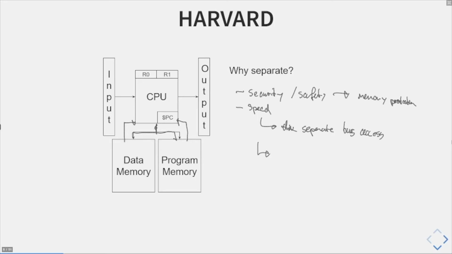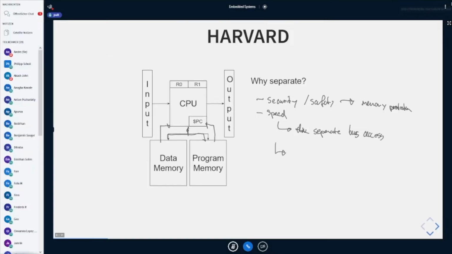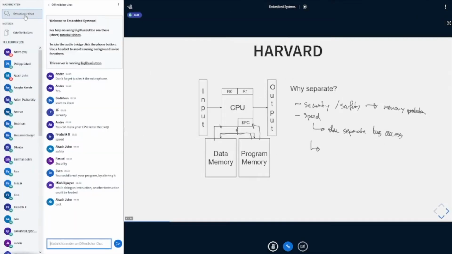Any guess? Think about different memory types. Okay, one answer is cost. Yeah, in a way you could use slower memory for one. So that's coming from the chat, but there's a different reason for that.